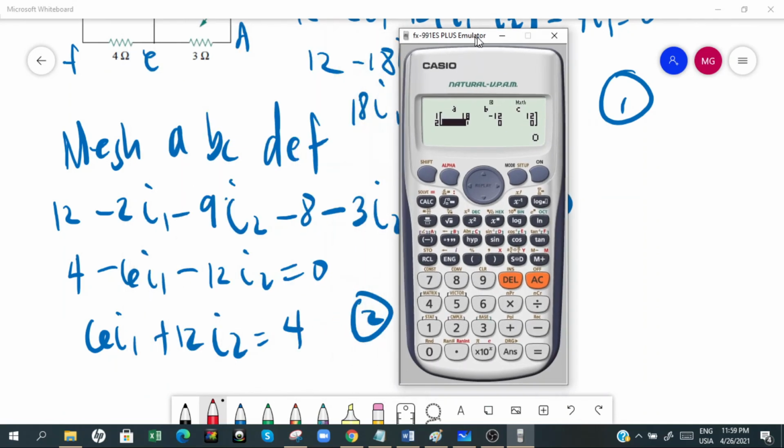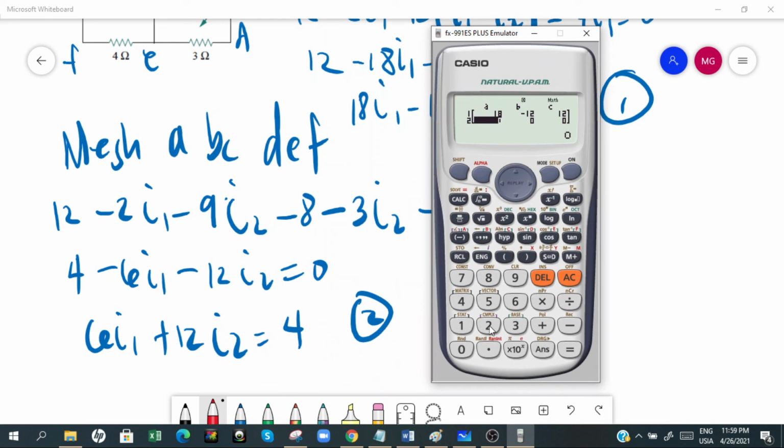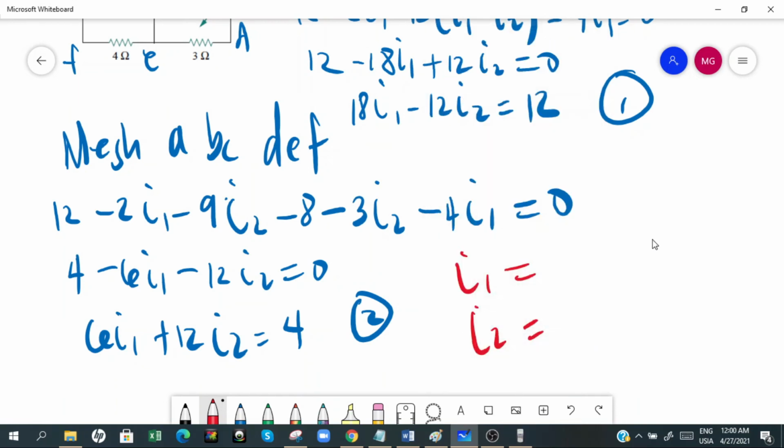Another one, so we have 6, 12, 4. So we have 2/3 and 0. The current I1 is 2/3 amperes. I2 is 0 amperes. So the answer is this one.